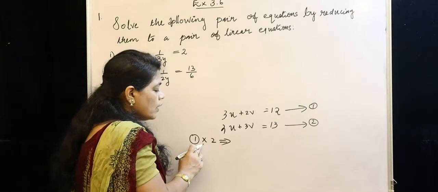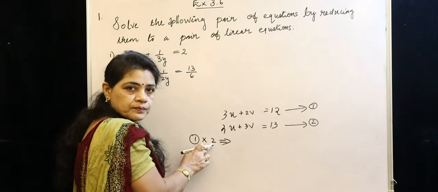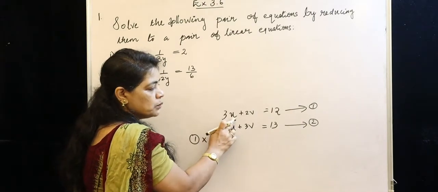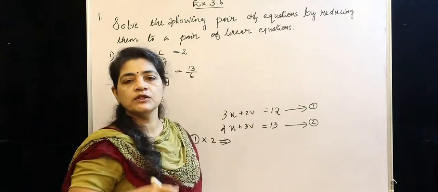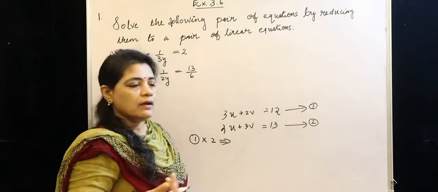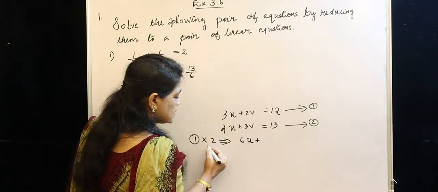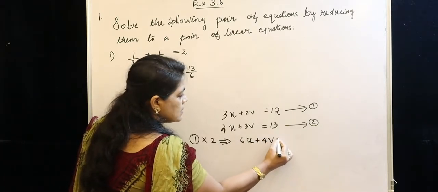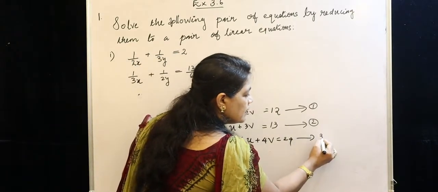So equation 1 now becomes, with 2, 6u plus 4, 2 into 2, 4v is equal to 12 into 2, 24. So 6u plus 4v is equal to 24. This can be equation number 3.